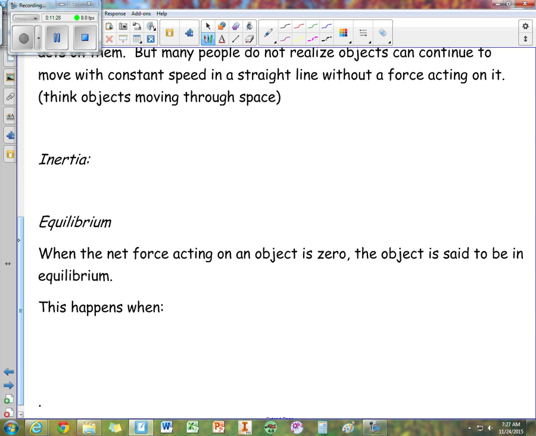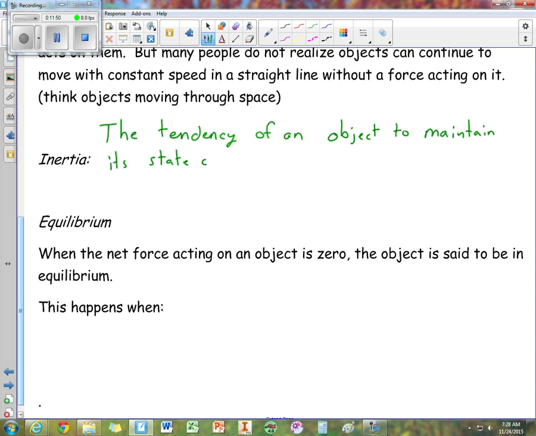Inertia. So inertia is the tendency of an object to maintain its state of motion. So if it's moving, it wants to stay moving. If it's at rest, it wants to stay at rest.